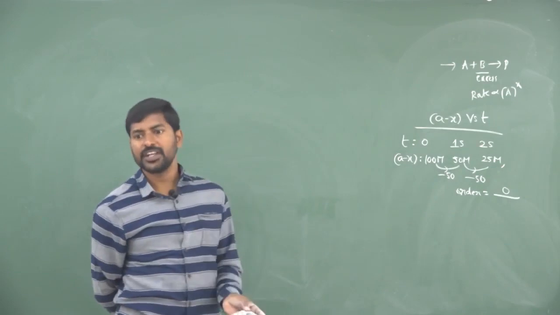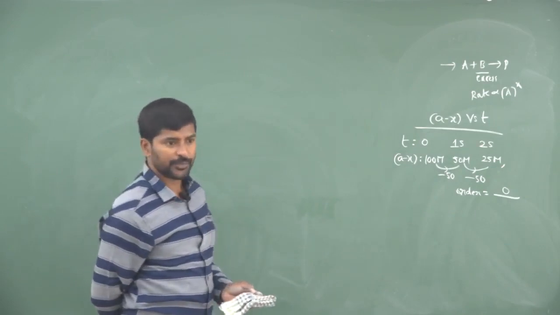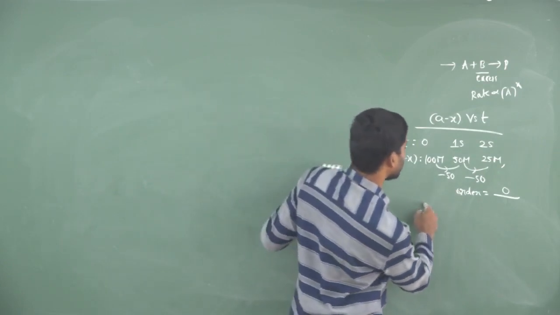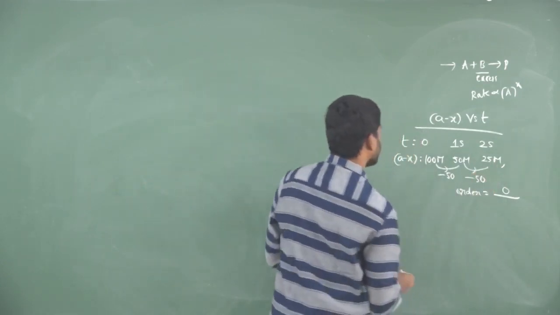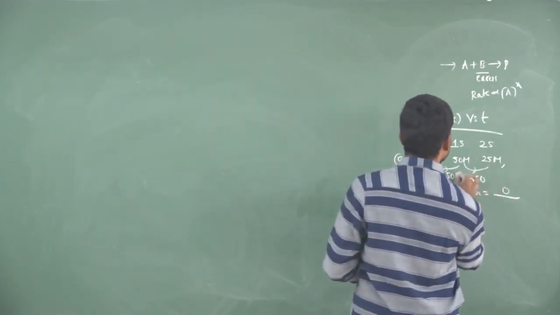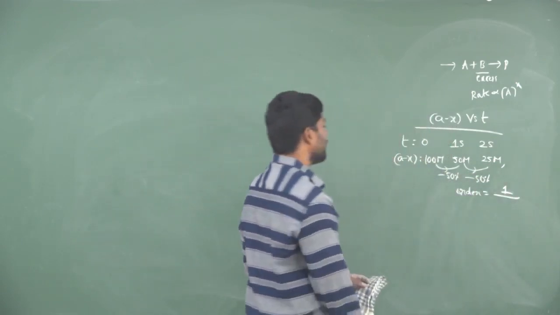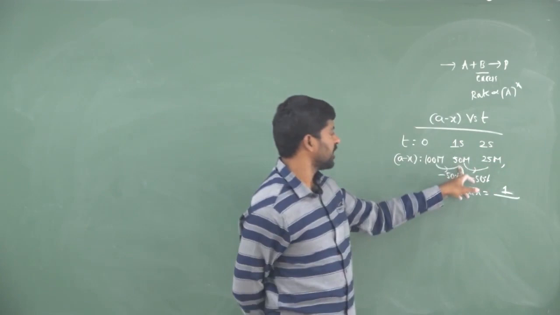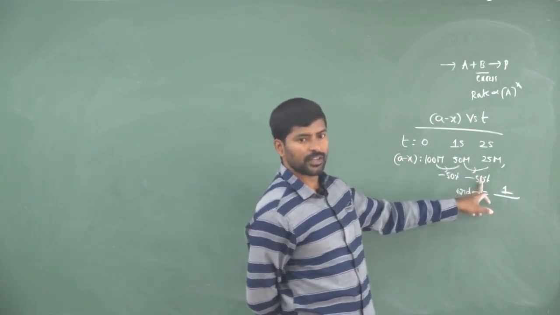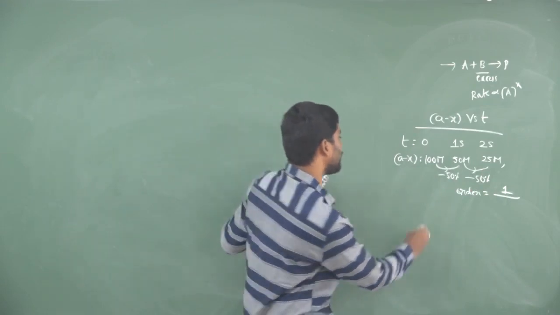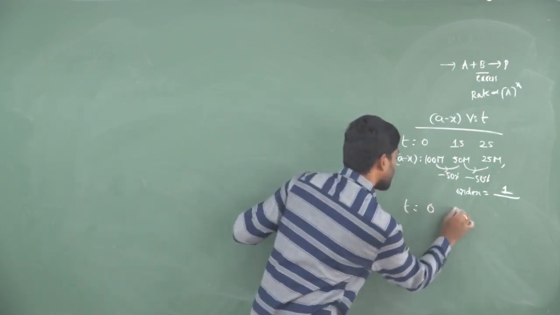If the same percentage decreases, that is first order. Right, sorry, 50 percent here. Here the concentration decreased by 50%, here also the concentration decreased by 50%, so order is 1. If it is 0 order, what about the change?